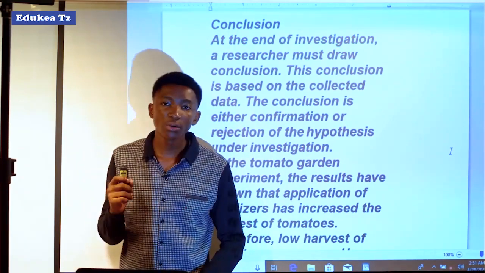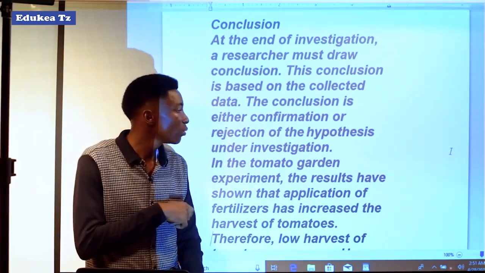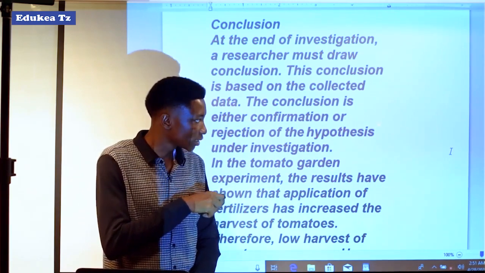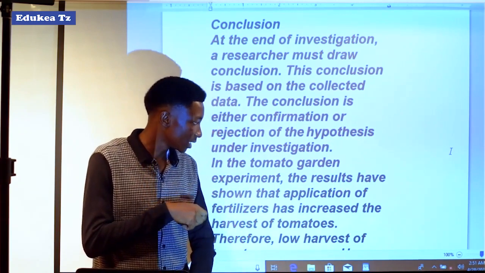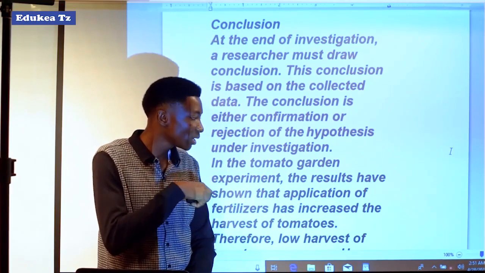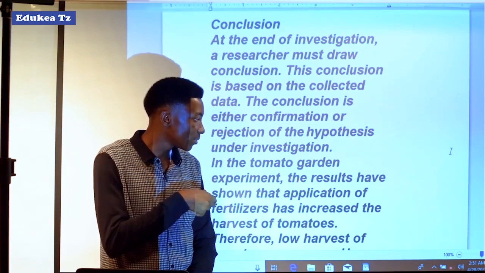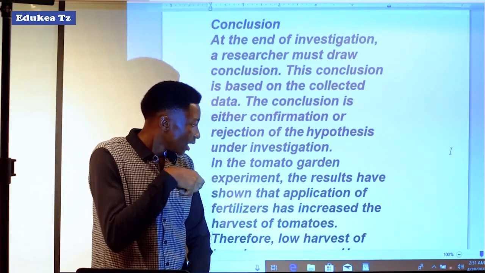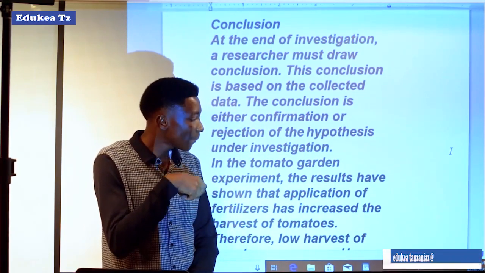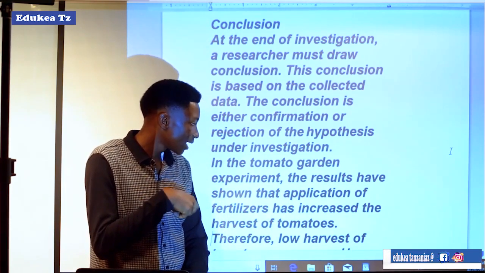Now in the conclusion we agree, because we have shown that the hypothesis, that assumption, is real. The experiment we did after taking this hypothesis led to the finding that the garden does not harvest many tomatoes because application of fertilizer is low.